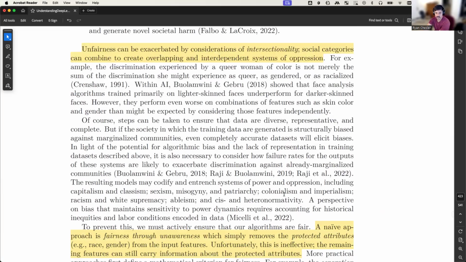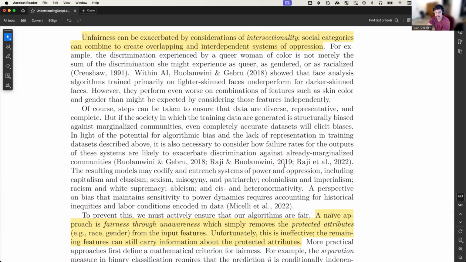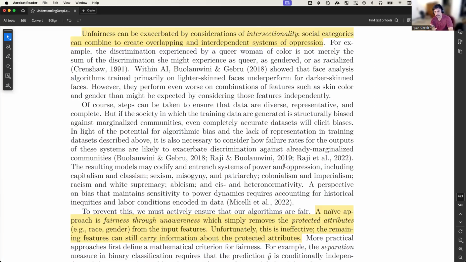So one of the extra layers of complication with this is the intersectionality. So if you have multiple different marginalized groups, you might be taking your data and going, okay, I need to be careful of people of color, and I need to be careful of women, I need to be careful of everything else.